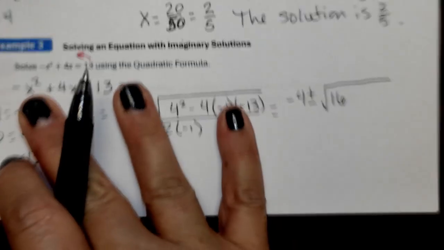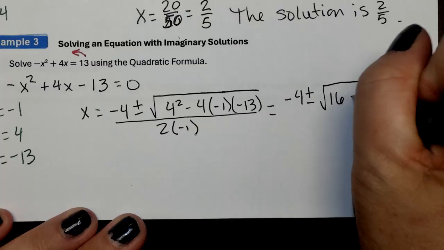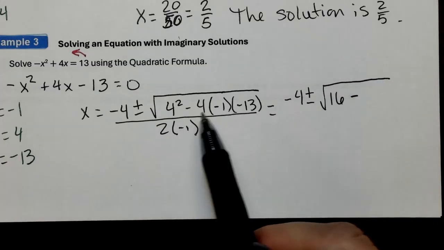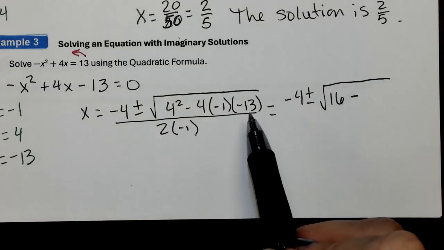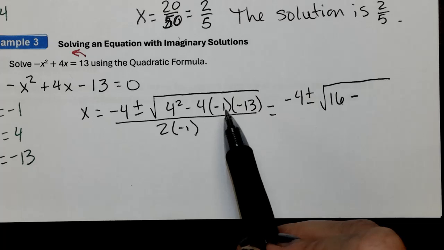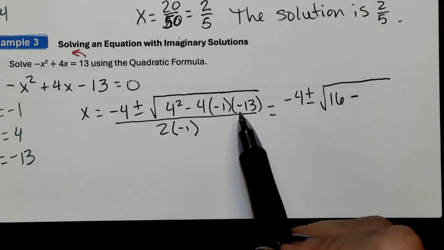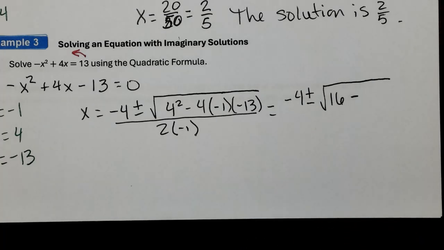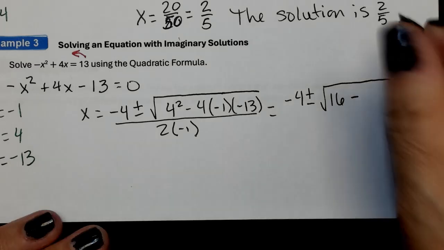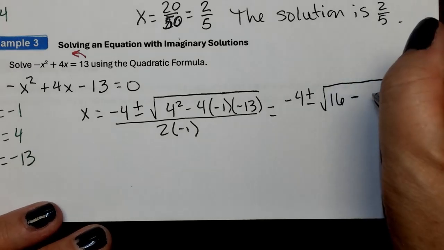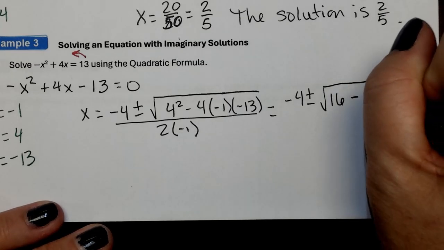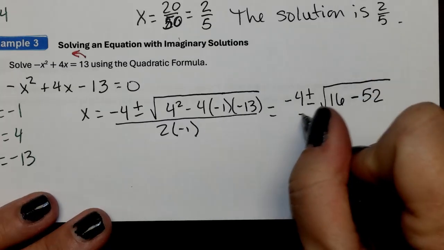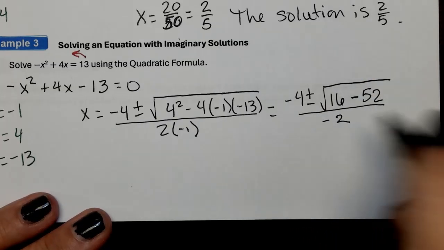So I know that a negative times a negative times a negative is going to give me a negative. And now I can just focus on 4 times 1 times 13. I think I may have said 4 times 3. If I did, I apologize. It was 4 times 13. And that gives us 52. And that's all over negative 2.